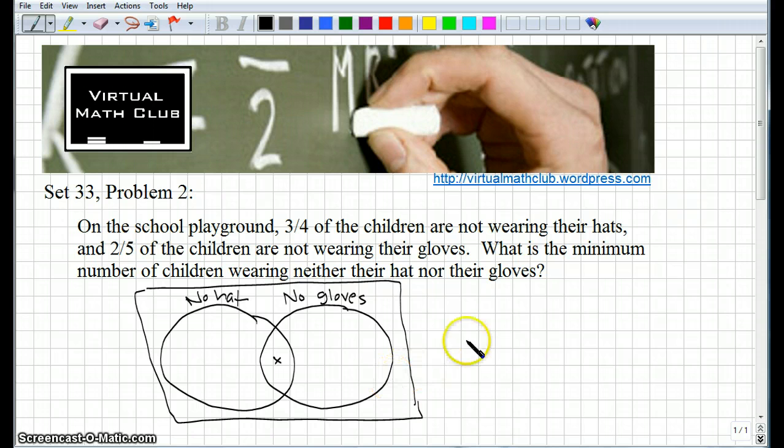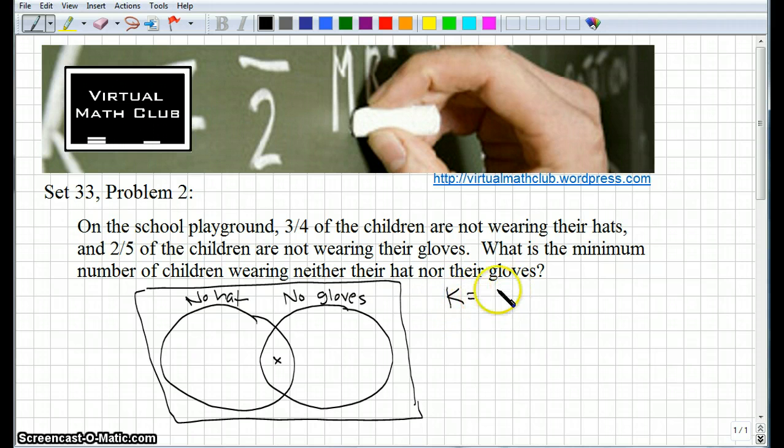Alright? Now the really tricky thing about this problem is that you aren't given anything about the numbers of kids. You're given information in terms of fractions of the total number of kids that are out there. So let's define a variable like k.